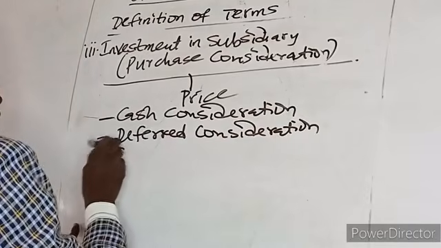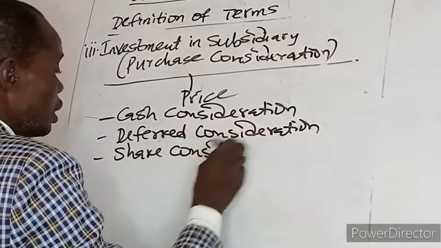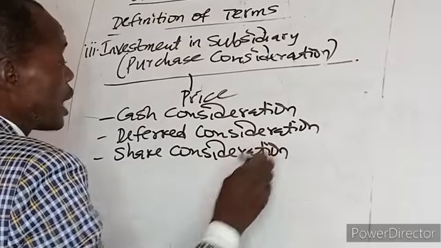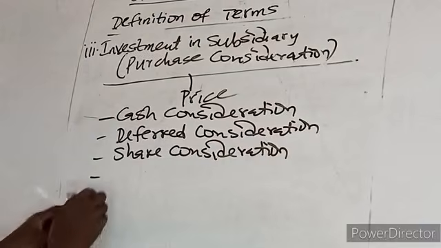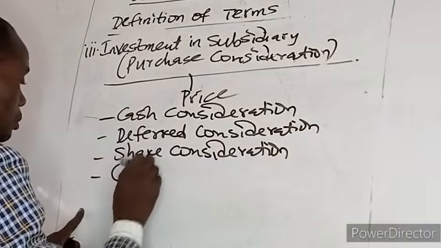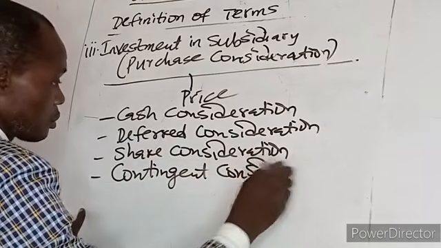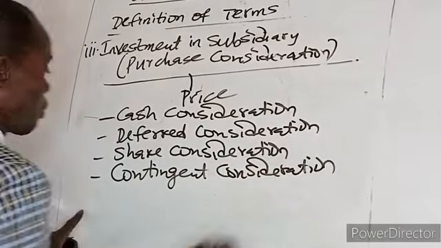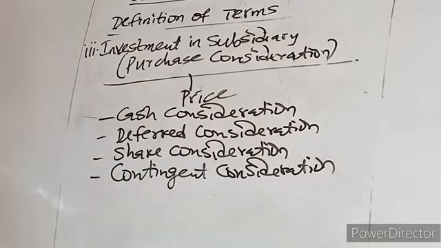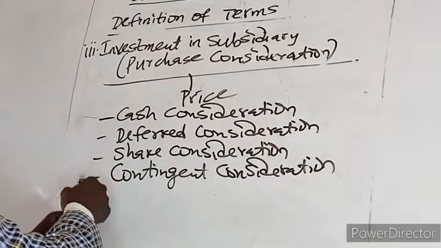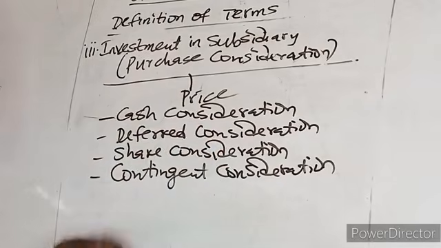Number 3, we have share consideration or share exchange. And contingent consideration. But my focus for now is on cash consideration. Other forms of purchase consideration will be considered in my later videos.